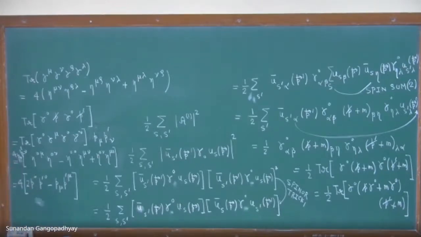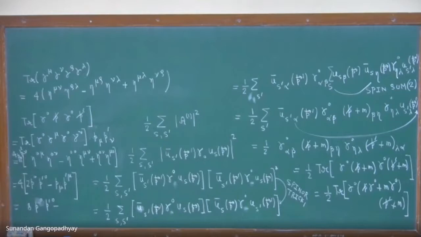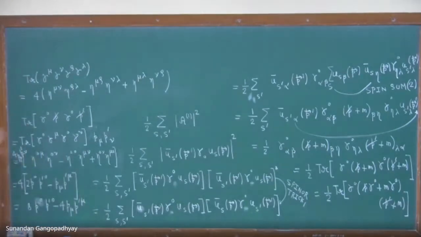So this gives us 8 p 0 p prime 0 minus 4 p dot p prime. So we have computed the trace now.